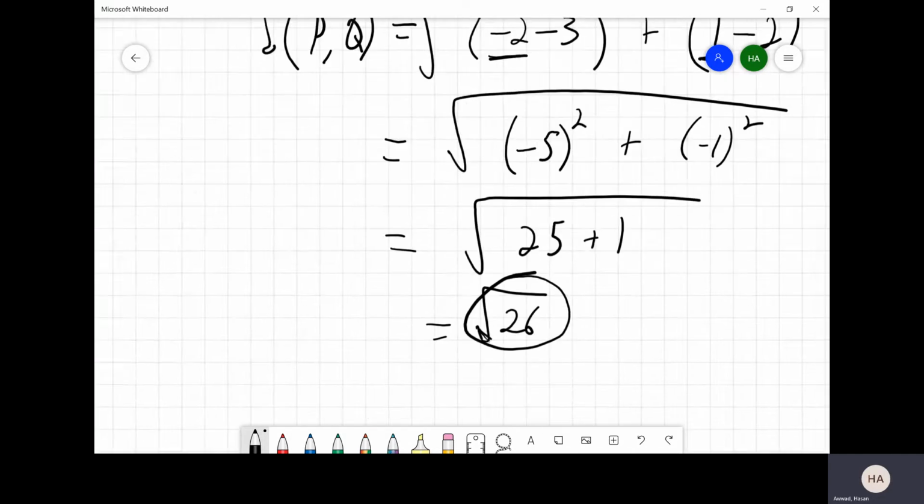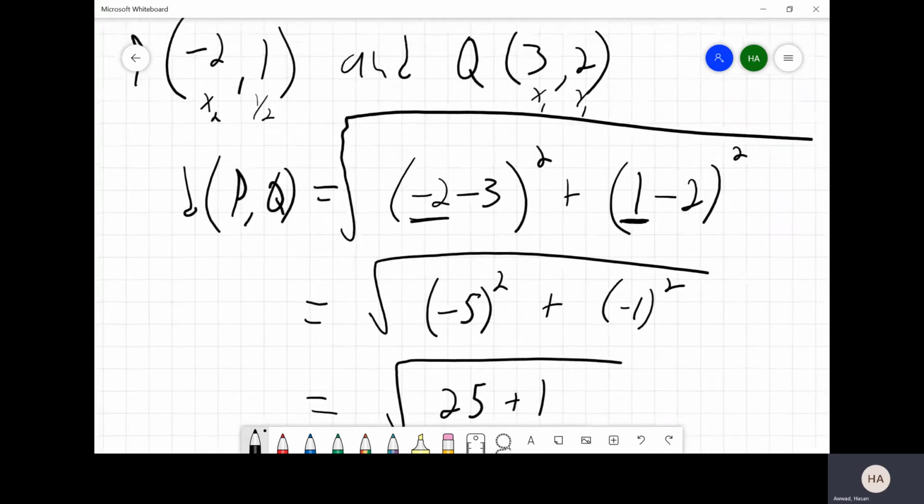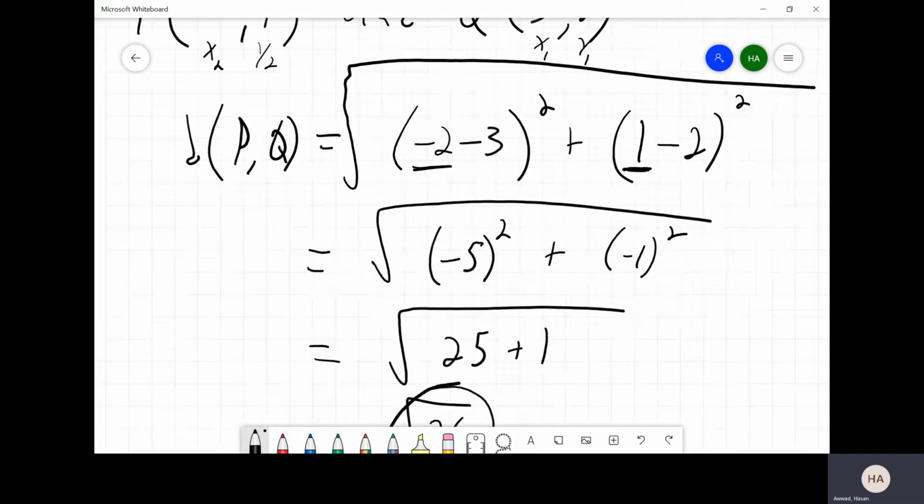Well, I want to do this one more time and show you that it really doesn't matter, that you could do Q first as long as you remain consistent, right? As long as if you're putting Q first for the X component, you're also doing Q's Y component first as well. So the distance between P and Q is the square root of, and now we're going to just flip the order, right? So we're going to do 3 first, and then the 3 minus the -2 instead.